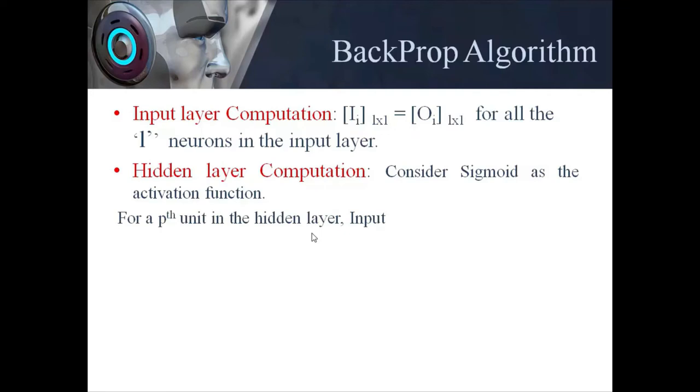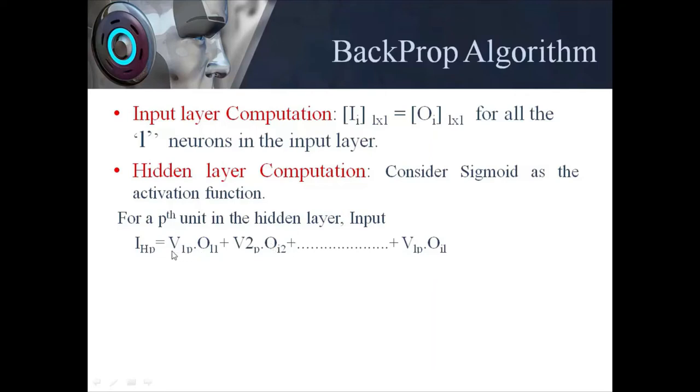So for any pth unit, any pth neuron in the hidden layer, the input which it receives is nothing but the weighted sum of all the inputs coming from the L input layer units towards this neuron P in the hidden layer.